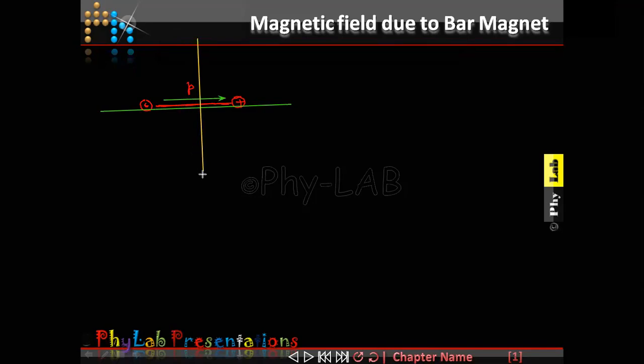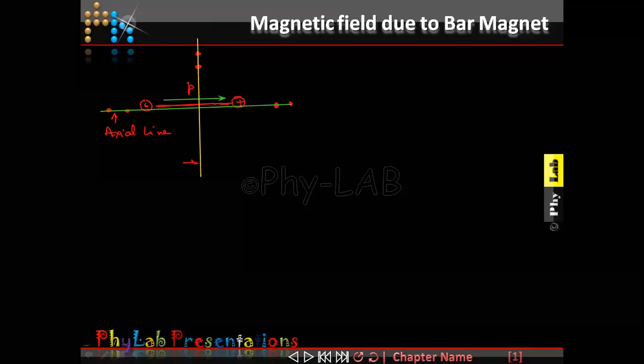Any point that is situated on the axial line is called the axial position, end-on position, or tan A position. So all these are axial positions, okay? Similarly, any point that lies on the equatorial line, this yellow one, is called the equatorial position.